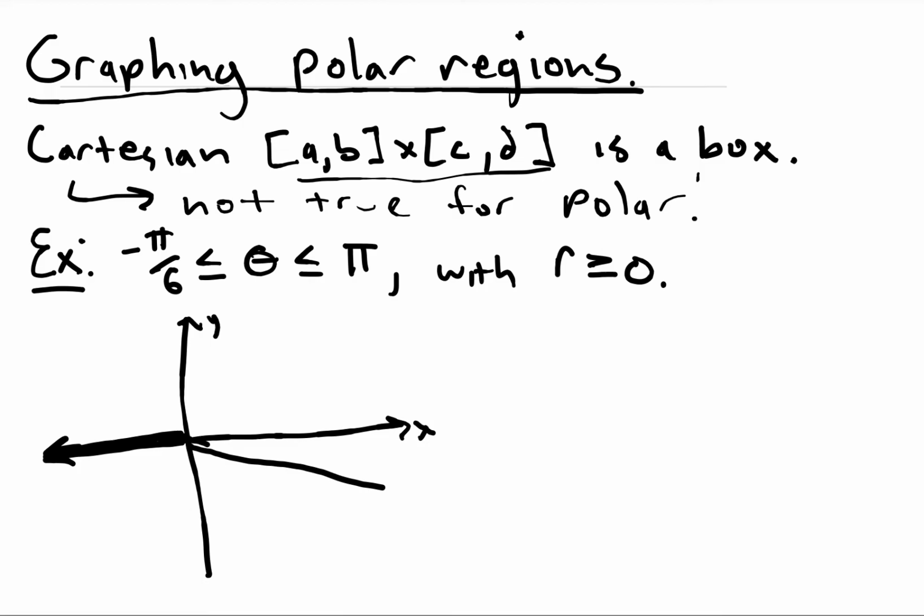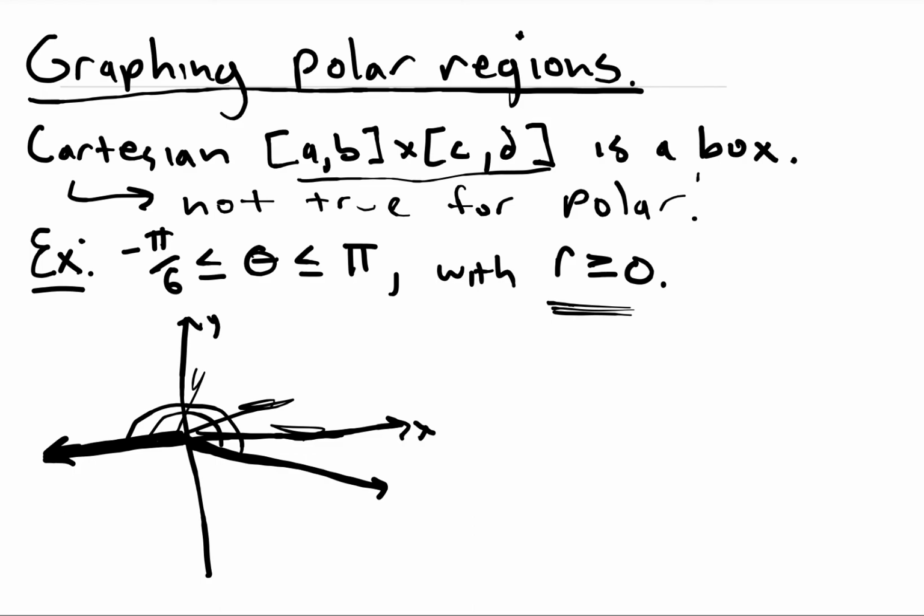Now, if I'm picking positive r, so we actually go in the direction of the angle that we're specifying and not backwards, this means that pretty much any of the angles in this range are fair game. And what r does is it tells me how far outward from the origin I can go.